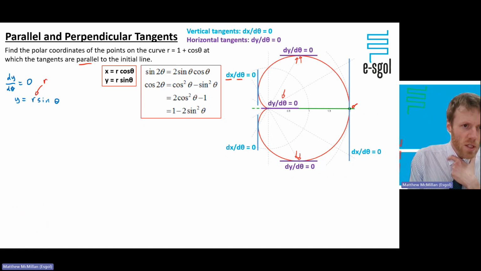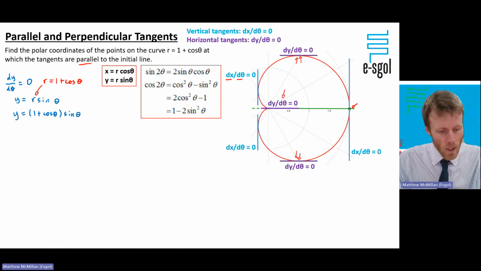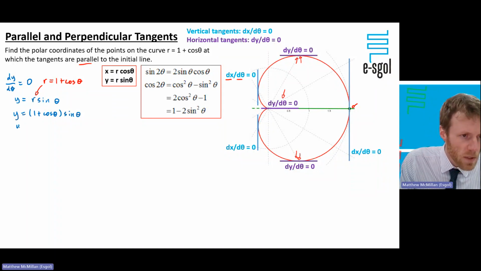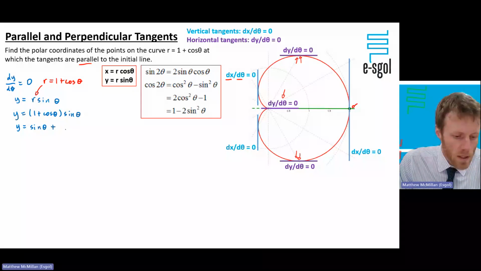It's given in the question. r is 1 plus cos theta. So that's what I need to put in place of r. So y is 1 plus cos theta times sine theta. I'll multiply this out. So we get sine theta plus sine theta cos theta.